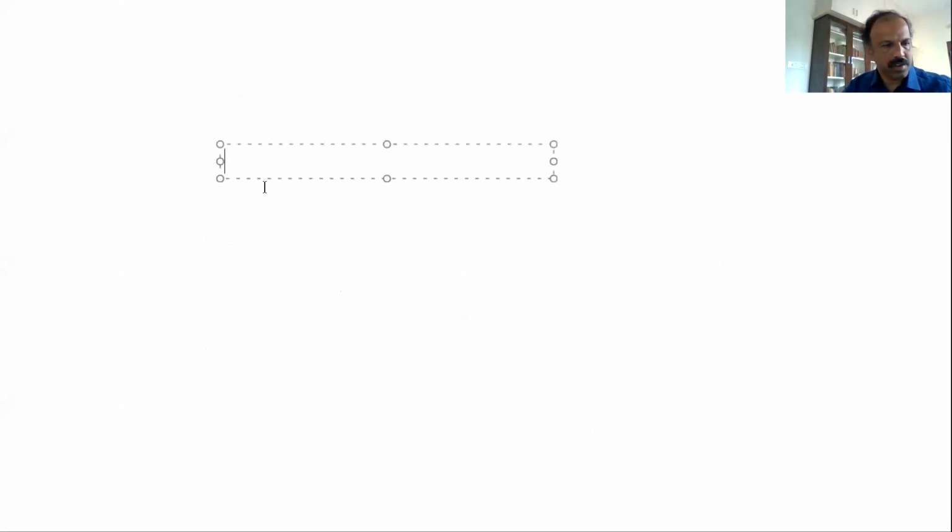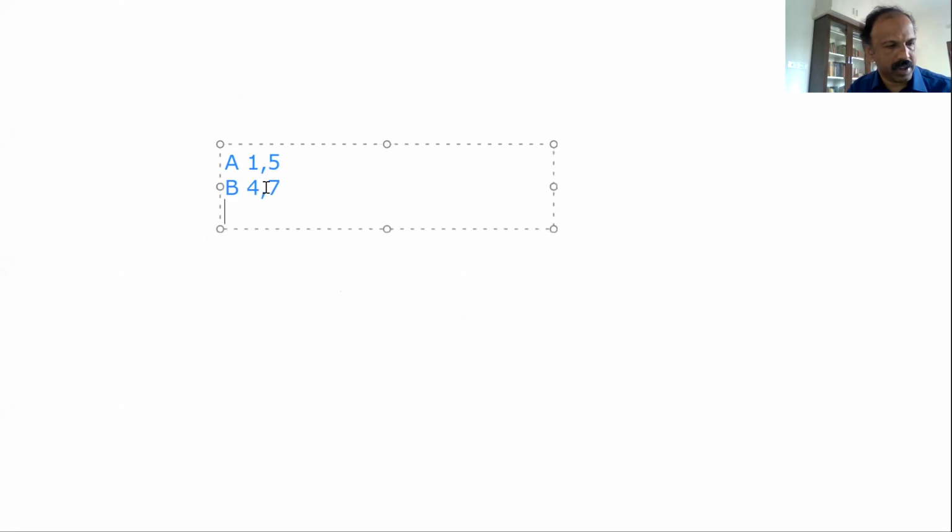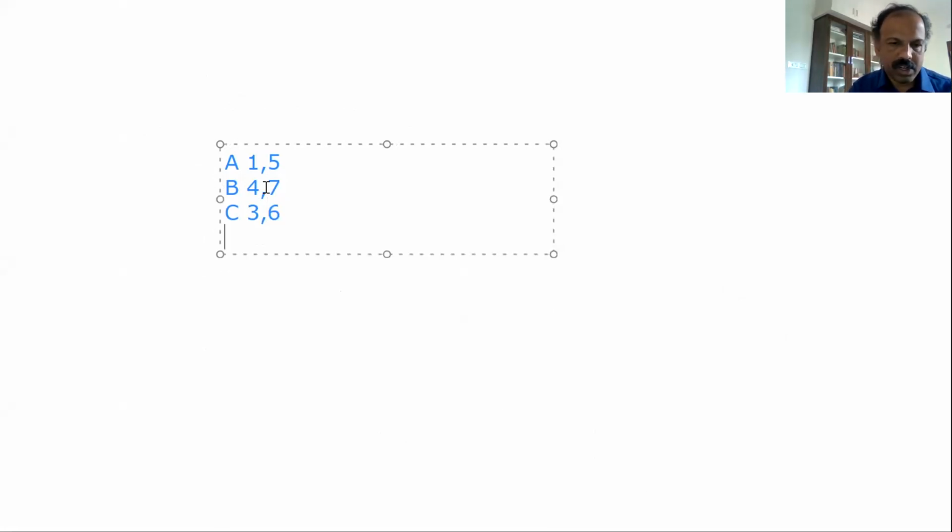Now here, we have part A, which requires machines 1 and 5. Then part B requires 4 and 7. That is from the incidence matrix that I am taking. Part C requires 3 and 6. Then part D requires only one machine, the first one.